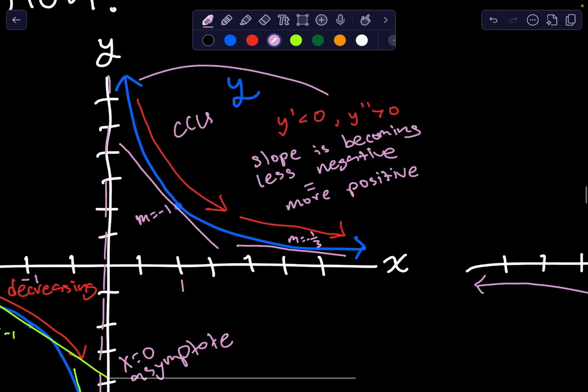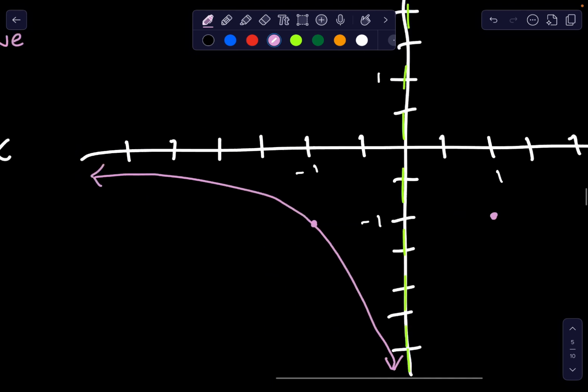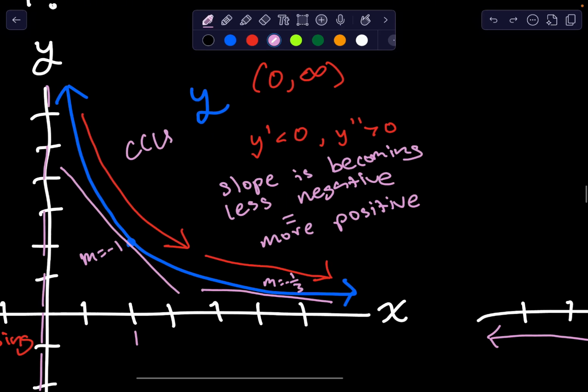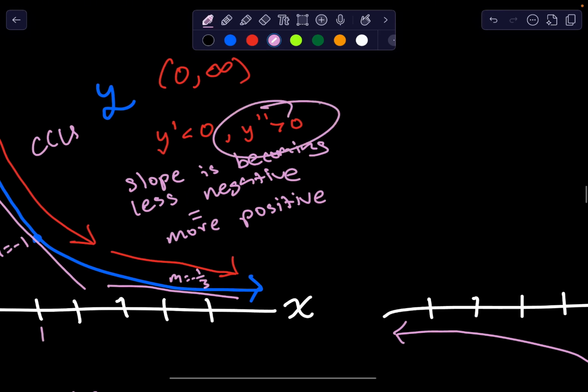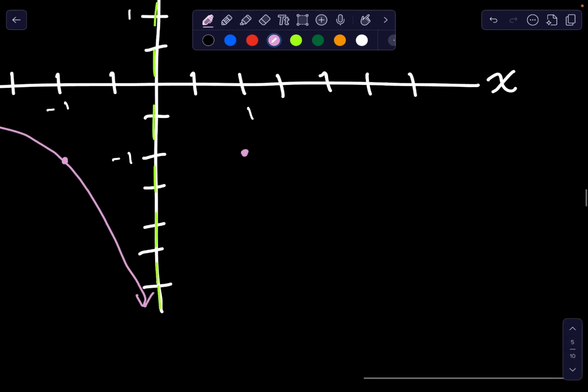All right. So going back to what we were saying, on the interval, let's say this interval is 0 to infinity, we're negative the entire way. So we know we're going to be down here. But our slope starts pretty negative and it becomes more positive. Or to say that our second derivative is greater than 0, meaning we are concave up. So we'll kind of draw it accordingly.